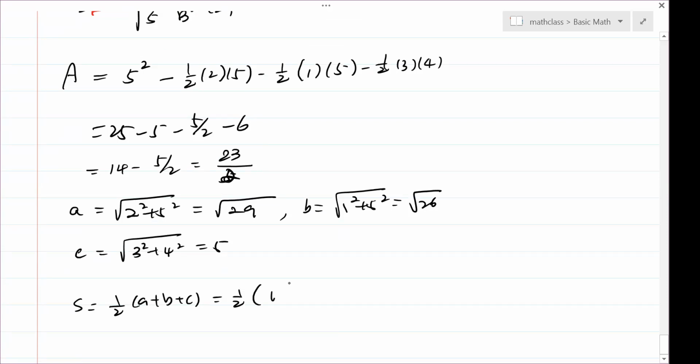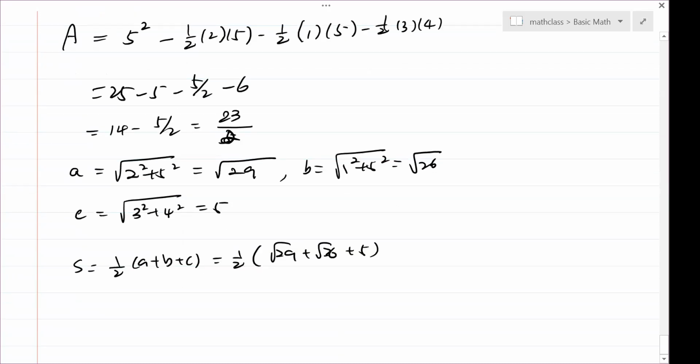You get square root of 29 plus square root of 26 plus 5. Whoa, right? Then this has to go inside the radical. And how do you get rid of radicals inside radicals? That is the question. So it's not easy to use Heron's formula to get a simplified answer, not a complicated answer.